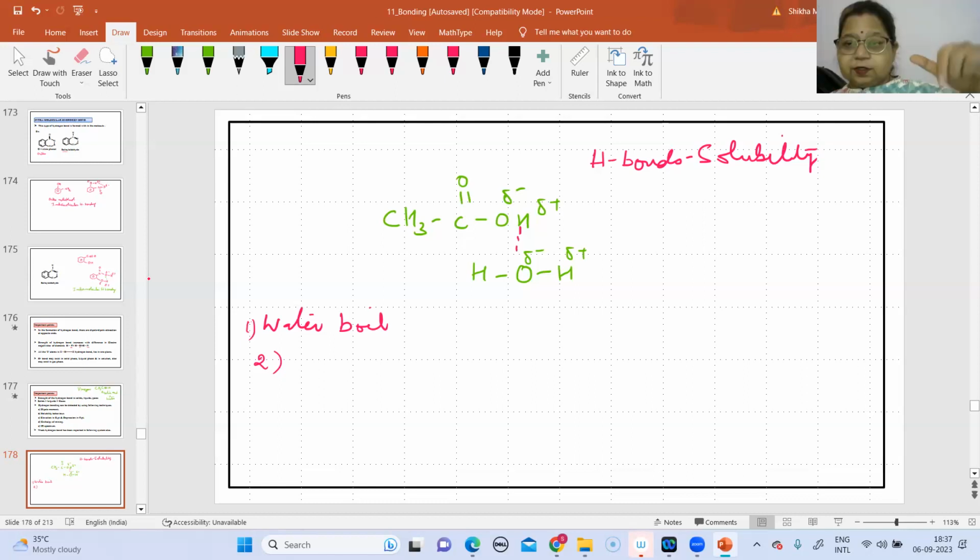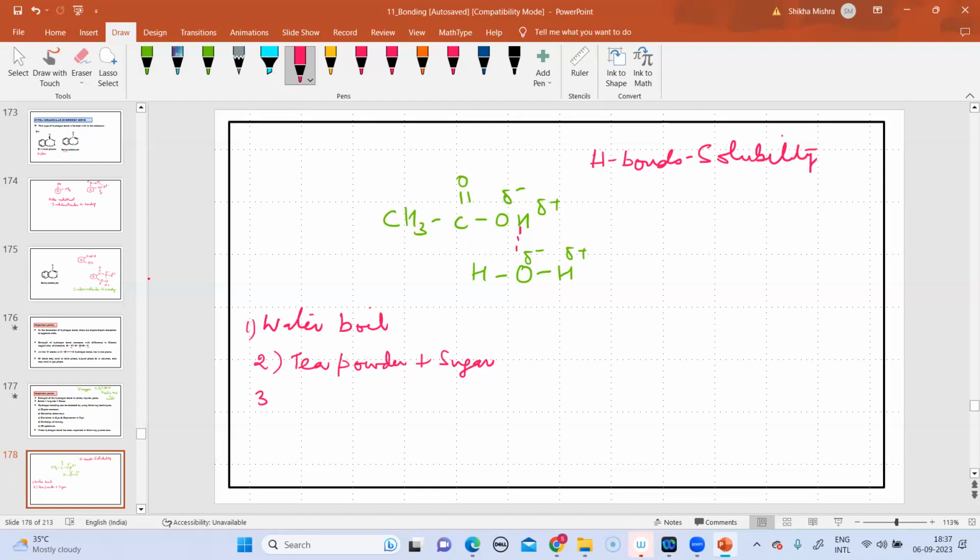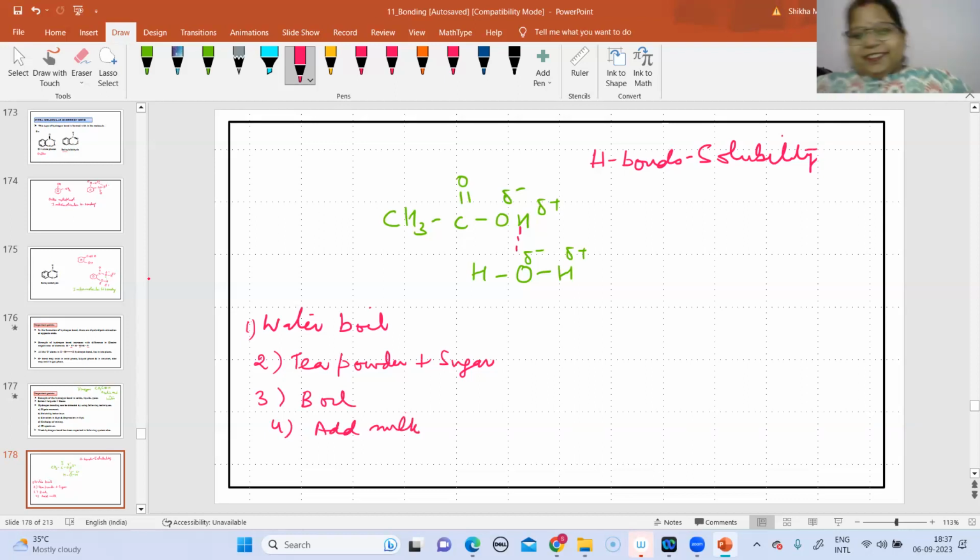So I'm just trying to write what you are saying. Water boils, then what do you add? You have to add tea powder, sugar. After that it comes to a little more boil, you have to add milk, and then the tea is ready. You have to filter it before you drink.